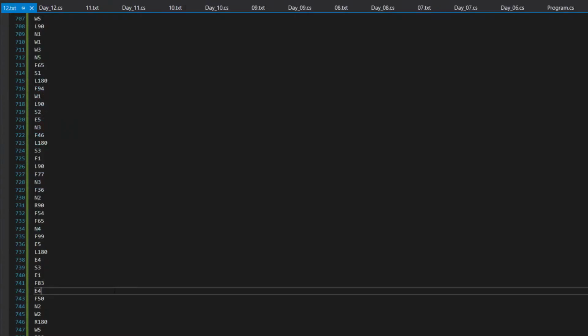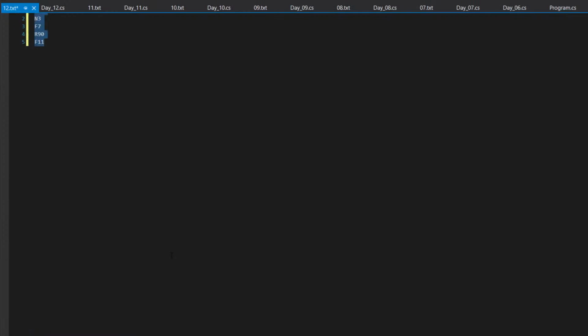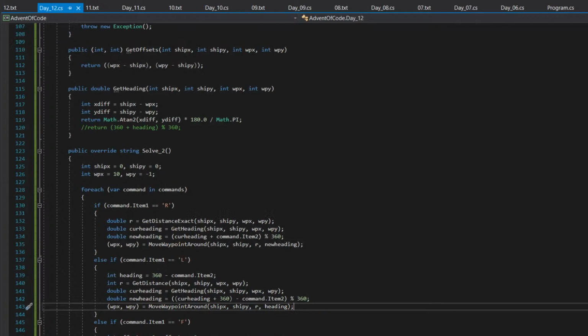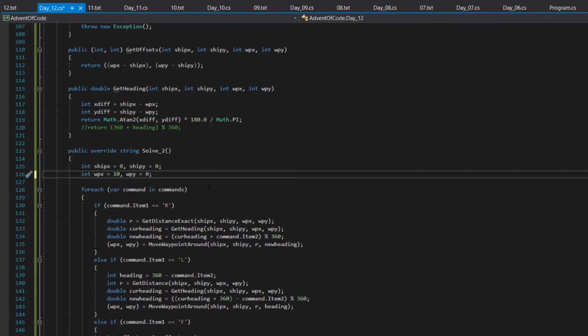How do we test this? So let's just have one. I want to move left 90 degrees. And I'm going to put our starting guy only 10 units to the right.